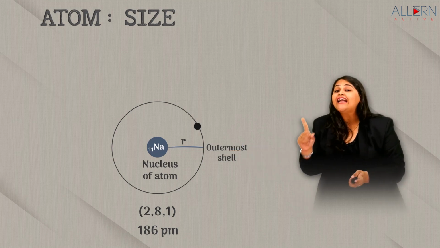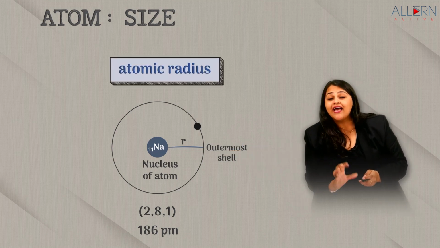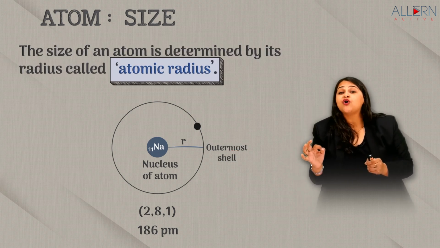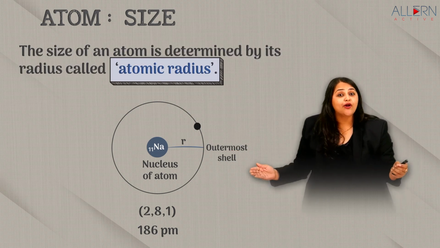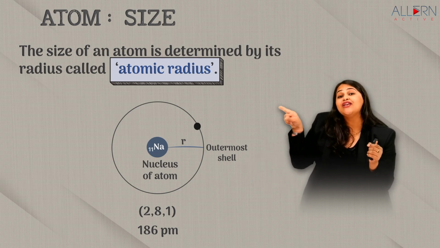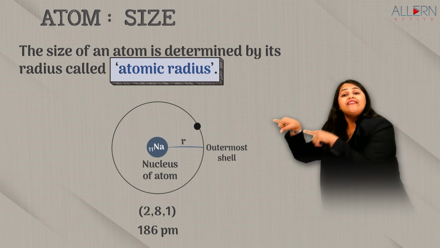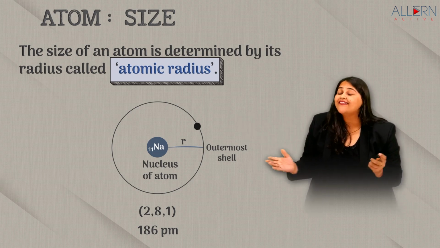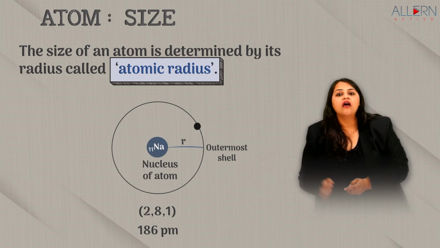Yes, that is what the atomic radius is. You determine the size of an atom by the atomic radius itself. It's nothing but the distance between the nucleus of the atom and the outermost shell of the atom.